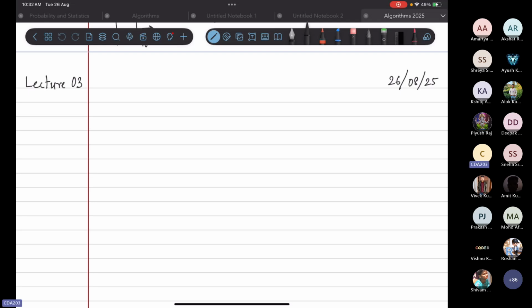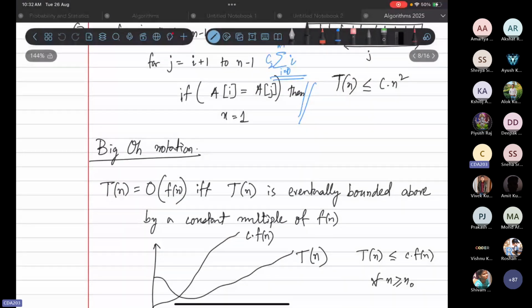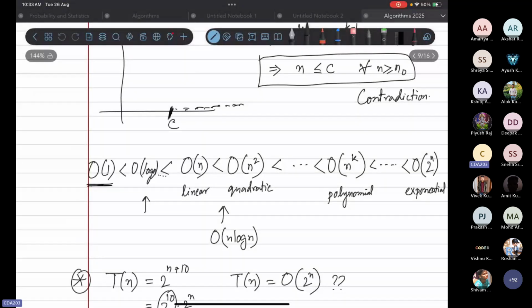We define what I mean by big O of some function. This is just to remind you, this is a notation that we'll be consistently using for describing the upper bound of running time. And we mentioned this as well, this is the hierarchy that we will follow, which is indeed the case.